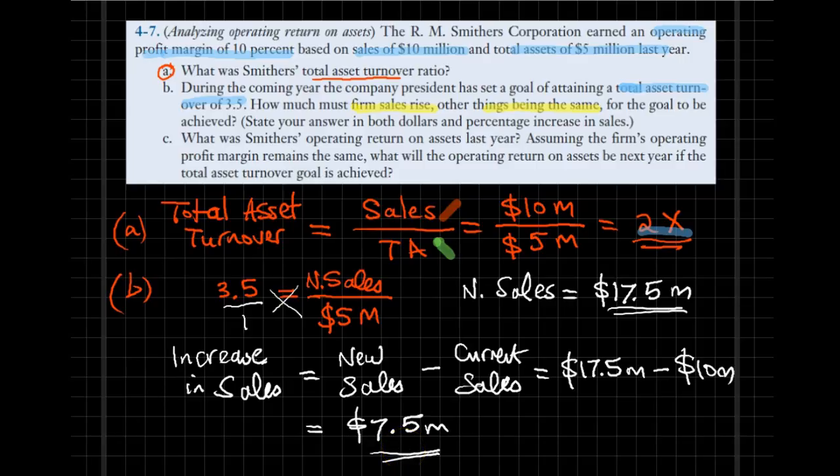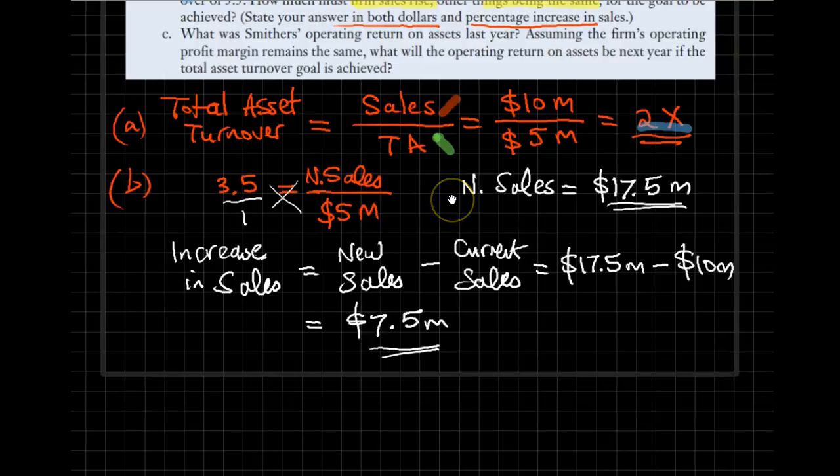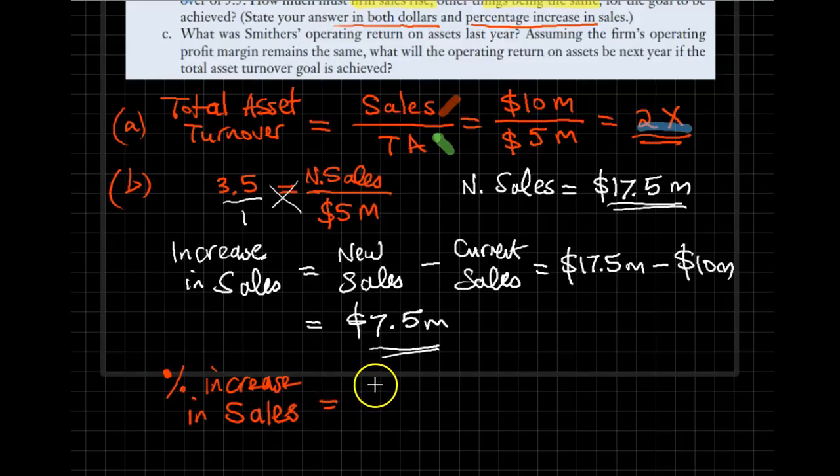As a percentage, that's also another thing mentioned. So we need to write down the sales both in dollar terms and as a percentage. So let me just add a little bit more space underneath here. So therefore, the increase in sales as a percentage would be percent increase in sales equals, well, that increase which we calculated to be $7.5 million divided by the previous value of $10 million.